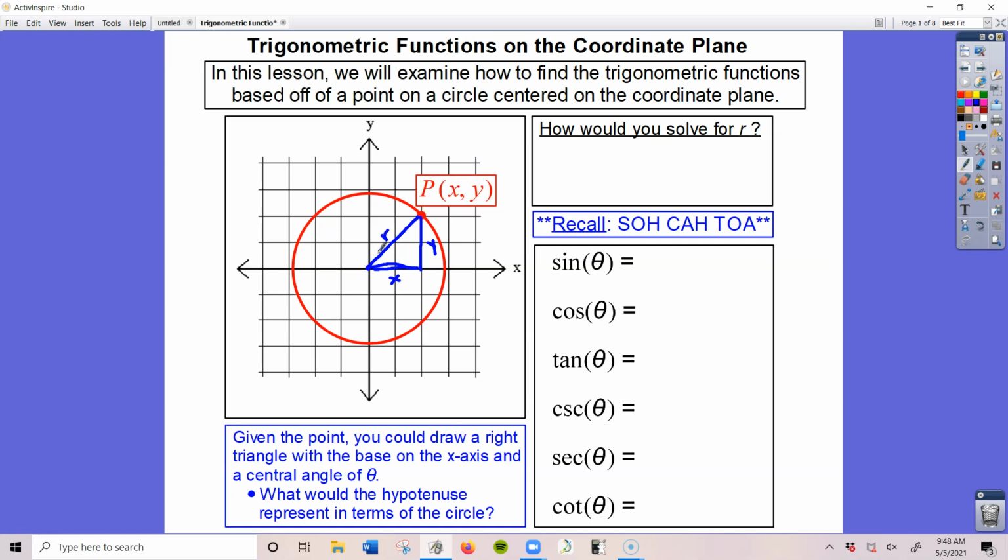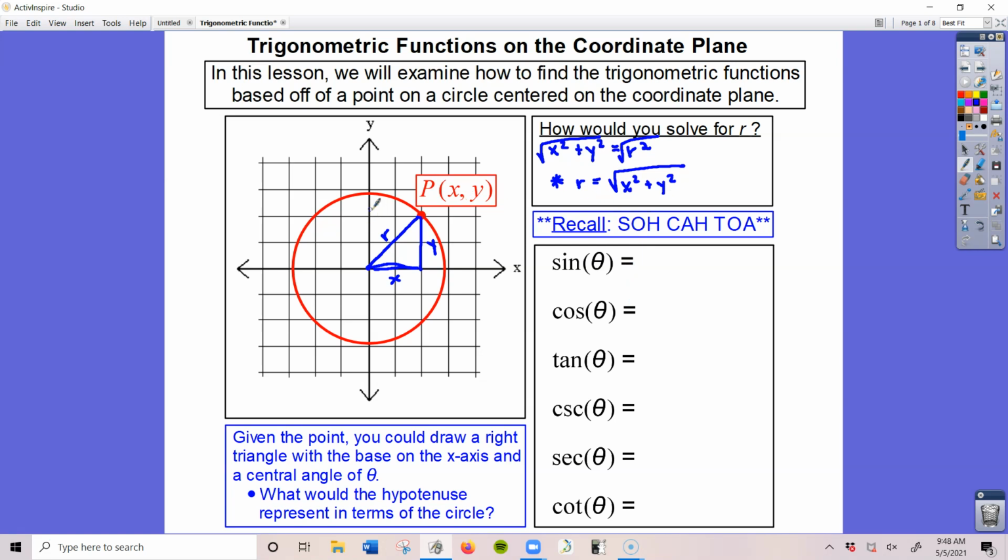But to figure out the length of the hypotenuse, we use the Pythagorean theorem. x squared plus y squared equals the radius squared. To solve for the radius, we square root both sides, so the radius equals the square root of x squared plus y squared.